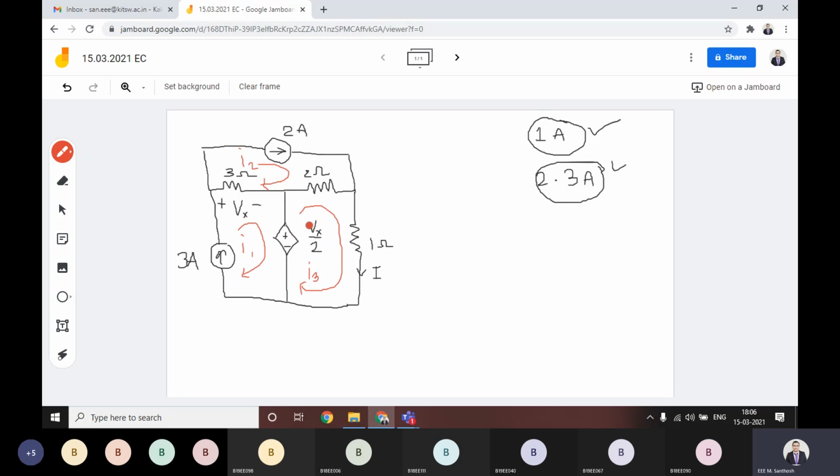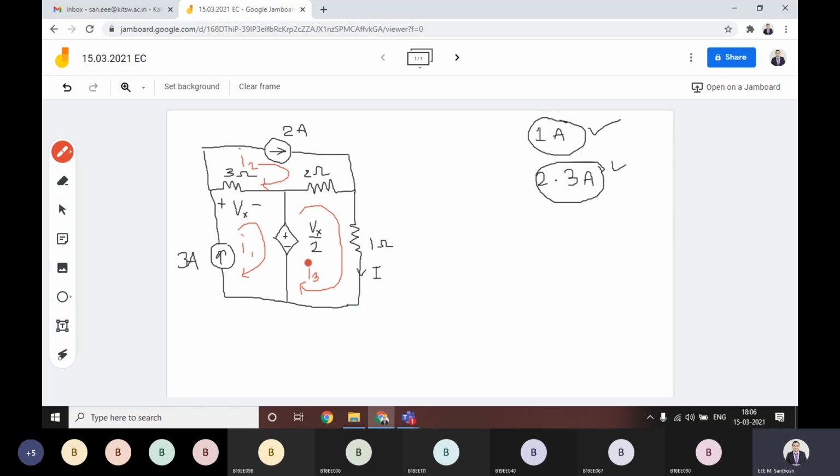Then I am writing the first mesh equation. For this kind of circuit you can write the first mesh equation for I1, second mesh equation for I2, third mesh equation for I3, right?